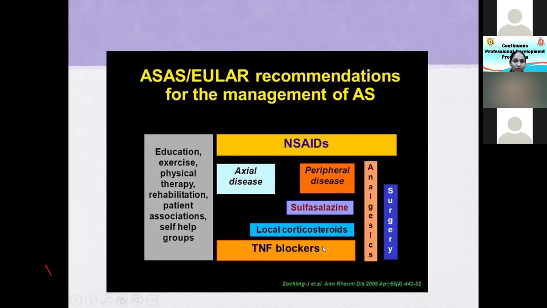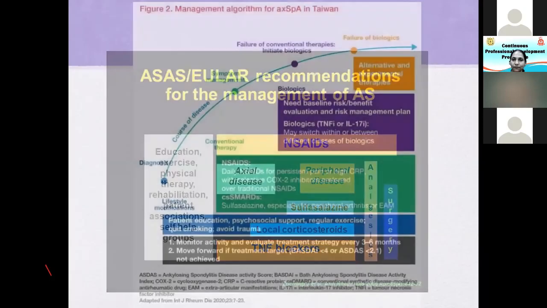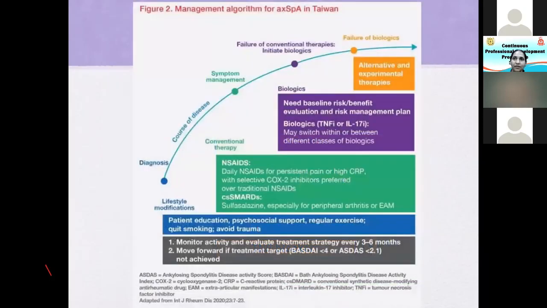If they're not responding, TNF blockade will be the treatment. This again is the same depicted. So we have to tell the patients about lifestyle modifications, physiotherapy, regular exercises, avoid smoking. These are very important. Then you go on to non-steroidals. If they are not responding, then you might have to go on to biological agents.